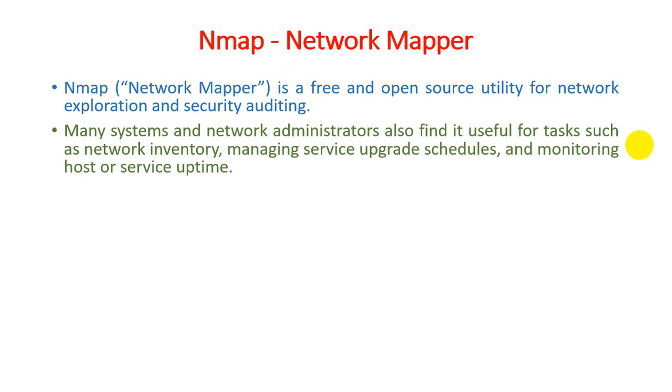Many systems and network administrators also find it useful for tasks such as network inventory, managing service upgrade schedules, and monitoring host or service uptime, because there are lots of functionalities and features they can provide with the help of the Nmap tool.